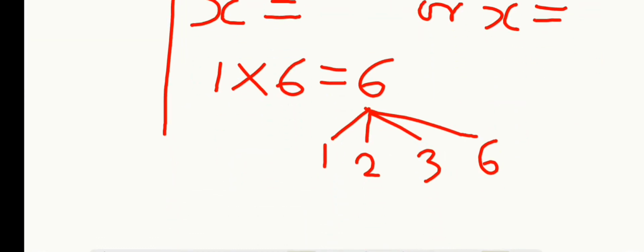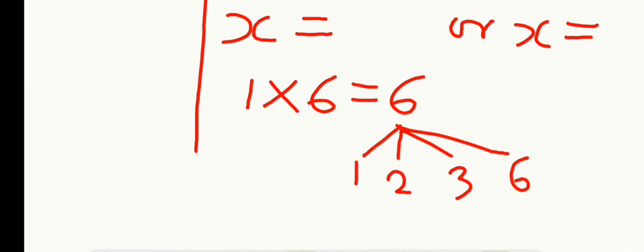Going back to the factors of 6, if we multiply 1 times 6, it will still give us 6. But what about 1 plus 6? Will it give us 5? No. 1 minus 6, will it give us 5? No. 6 minus 1 would definitely give us 5.